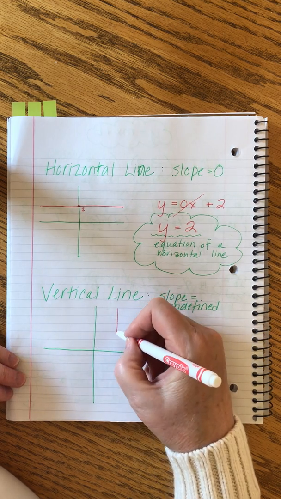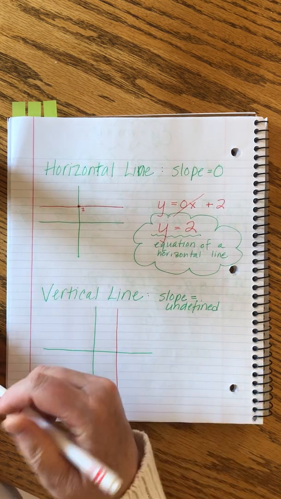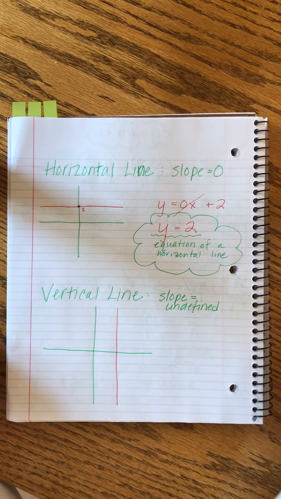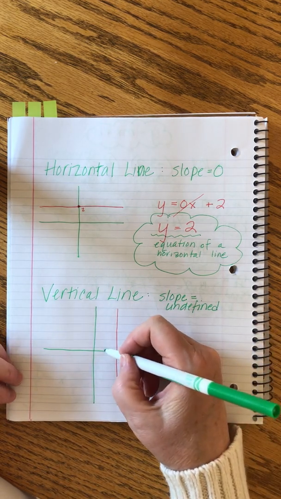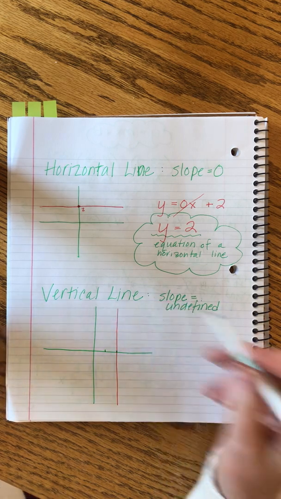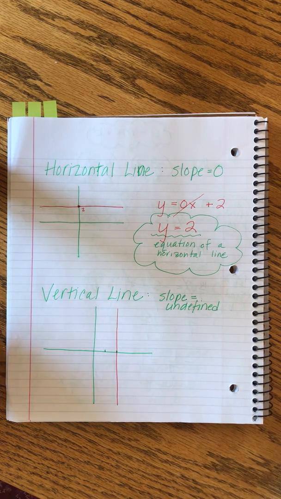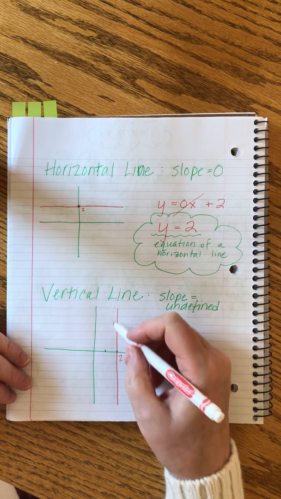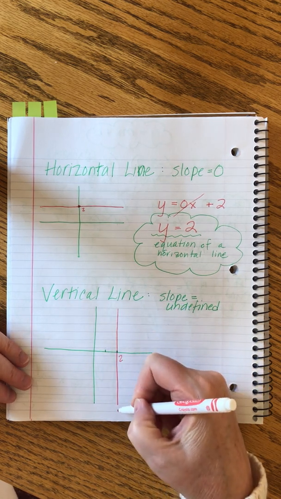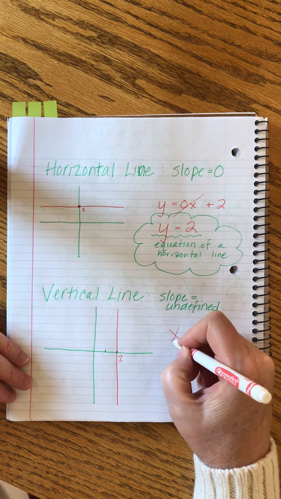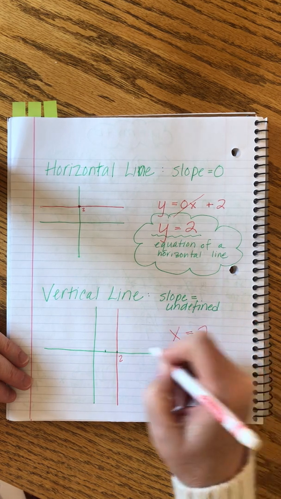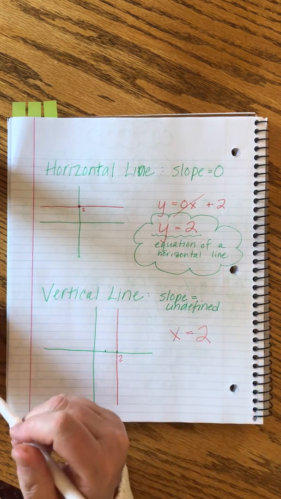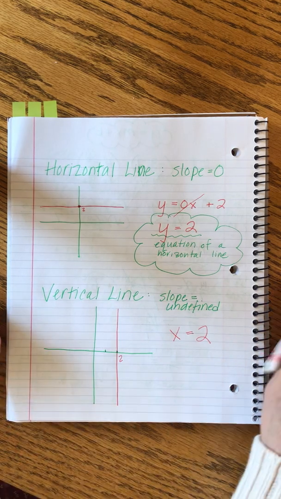We have something that looks like that, right? It doesn't touch the y-axis. So no wonder the slope is undefined. So what we say for this is that, okay, we do see that it crosses the x-axis. So for this, we just say x equals 2. It crosses at 2 on the x-axis, and that's it.